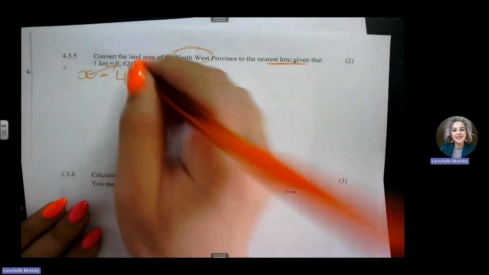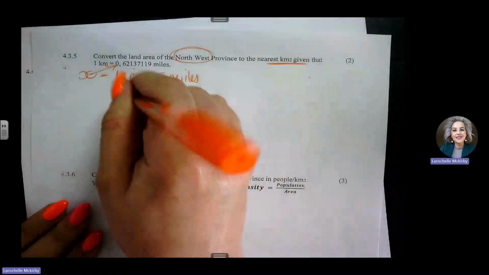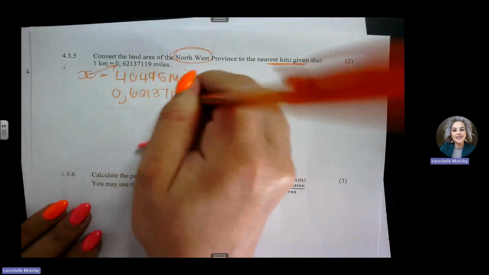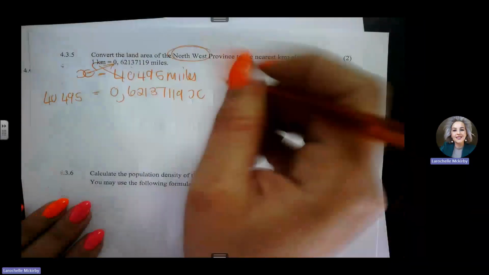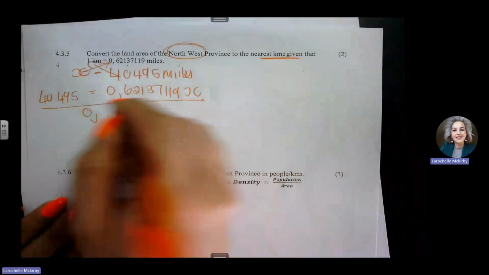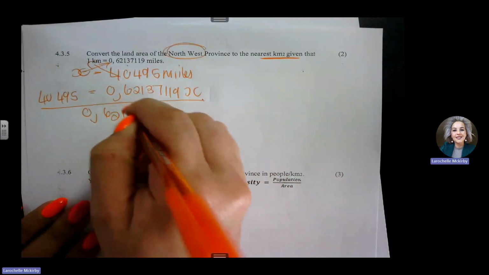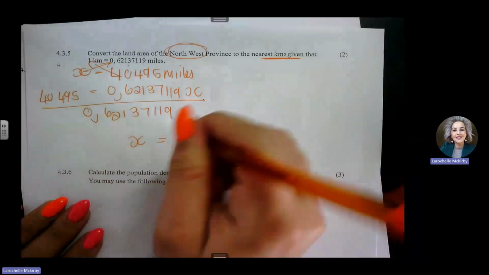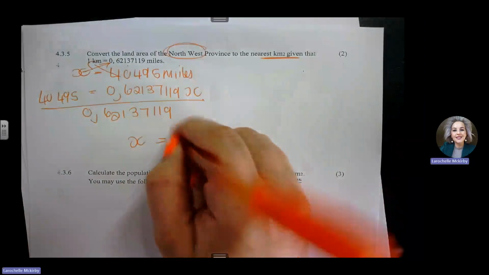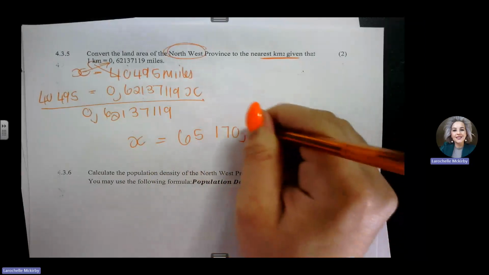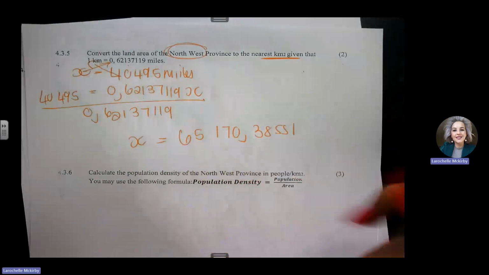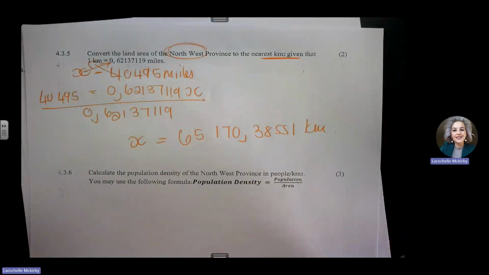So we say x multiplied by 0.621371119 is 40,495 multiplied by 1. I divide both sides by 0.621371119, and I remain with x equals 65,170.38551 kilometers.